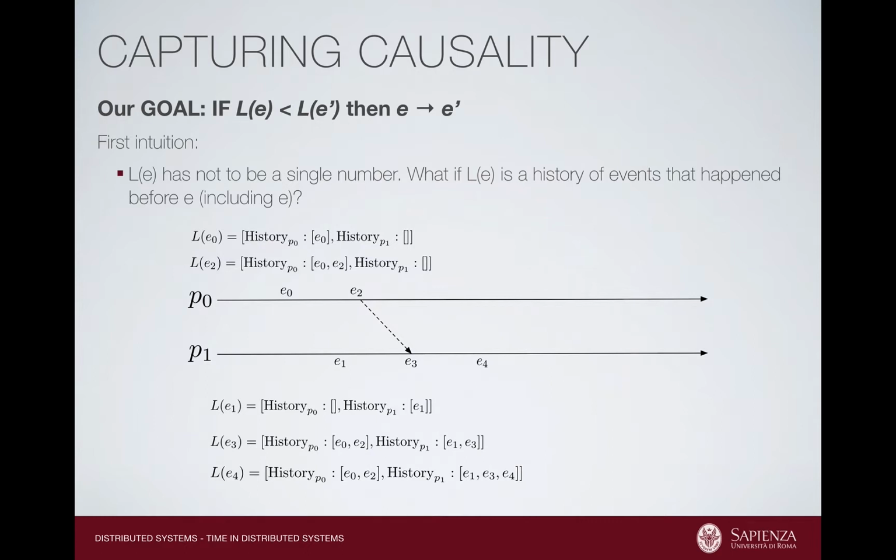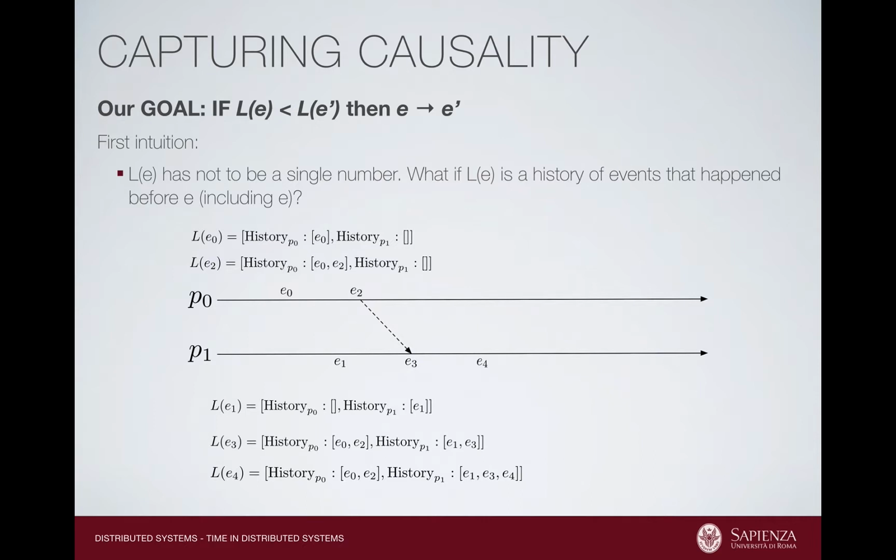And then we have the first interesting thing, the receive event E3. Notice that the receive event E3 is connected to the send event E2, because E2 was the send of message M, and E3 is the receive of message M. So in this case, event E3 depends on event E1 on P1, because E1 happens before E3, and it's easy to see that they are causally related.